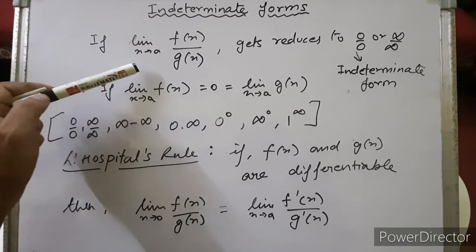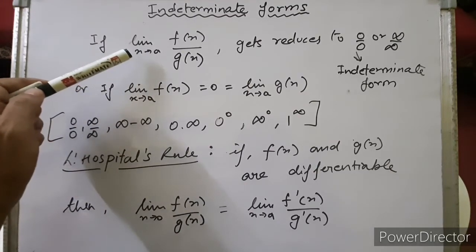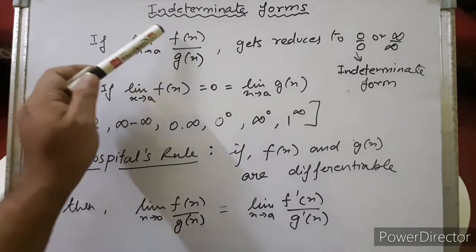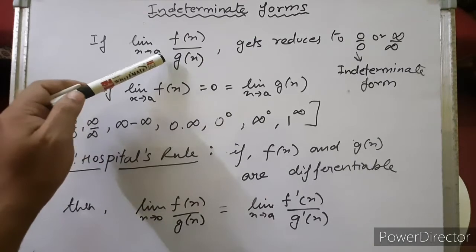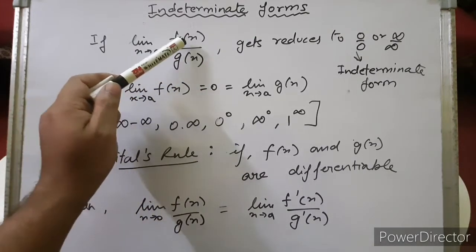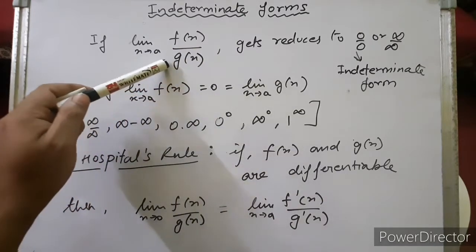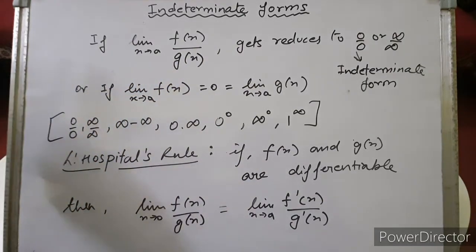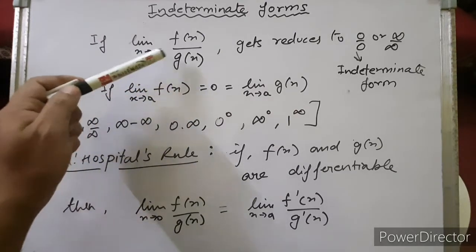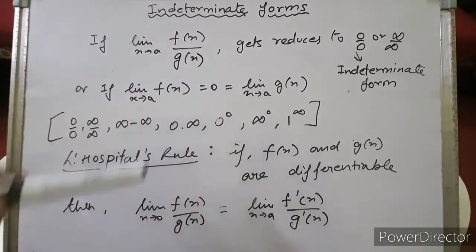When we put x equals a in f(x) and in g(x) separately, we get f(a) as 0 and g(a) also equal to 0.